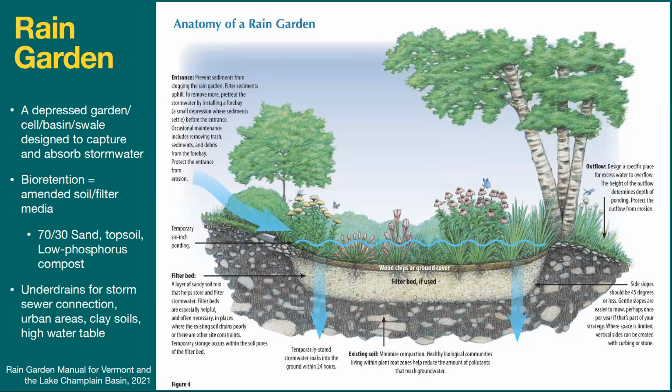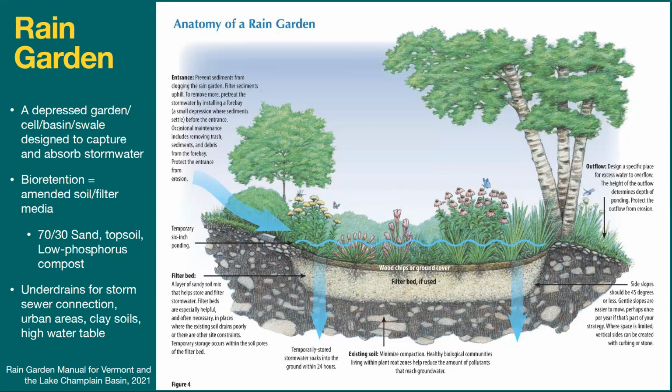The water will slowly percolate down through the top layer, like wood chips, could be pea stone, or ideally maybe just a green vegetative ground cover. Water percolates down through. As it does, sediments are settling, nutrients are being soaked up, absorbed, and other things are being filtered out through various processes in the plants and the roots and the soil.